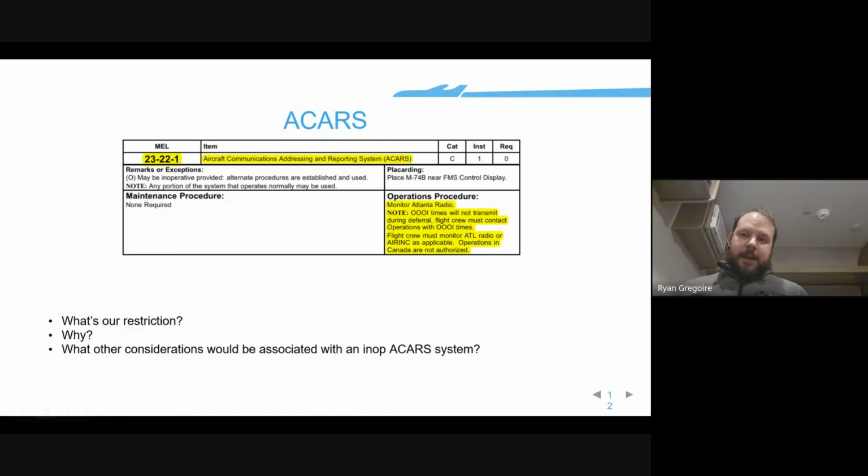When I was at Breeze, I was doing OJT with a new dispatcher, and we put on the dispatch release, in the remarks section, we are going to do a practice ARINC call. Please monitor your ARINC frequencies in flight. So flight takes off, about an hour in.